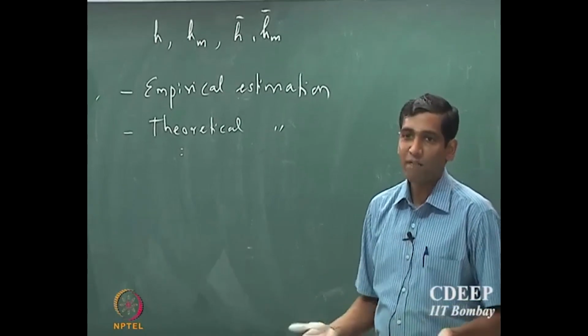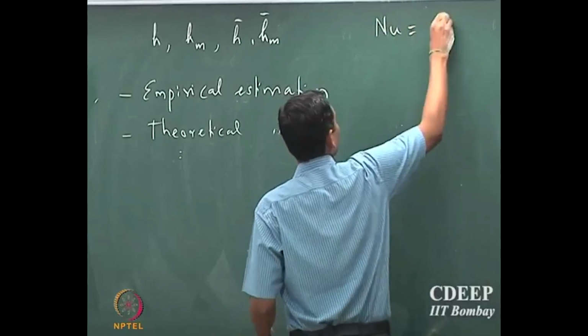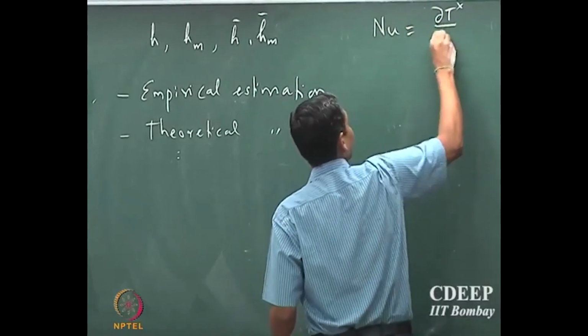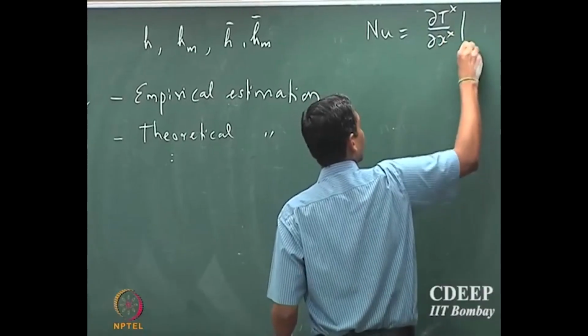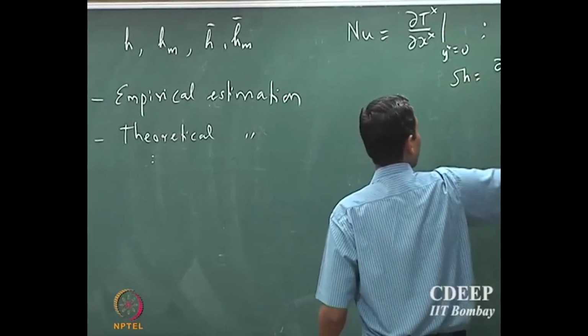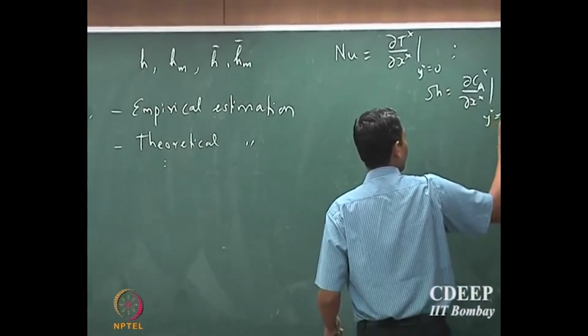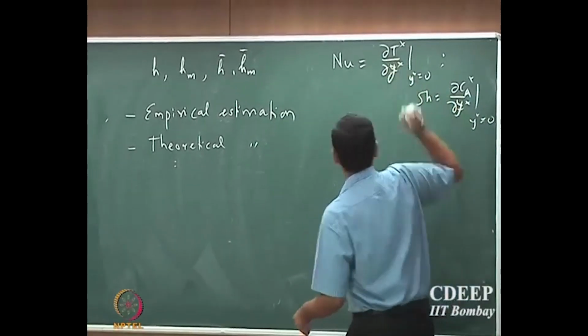So if we know the gradient, we are done. Remember that the Nusselt number is nothing but dT star by dy star at y star equal to 0, and similarly the Sherwood number is dCA star by dy star at y star equal to 0. Sorry, that should be y.